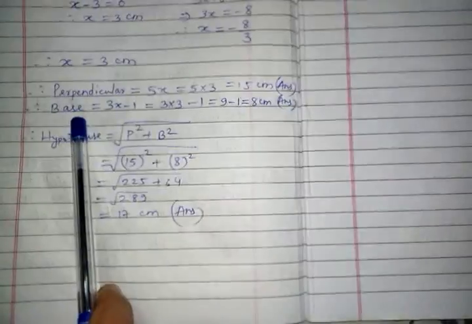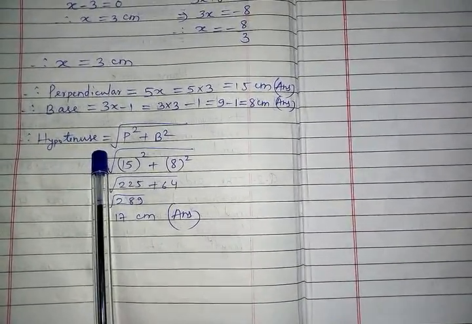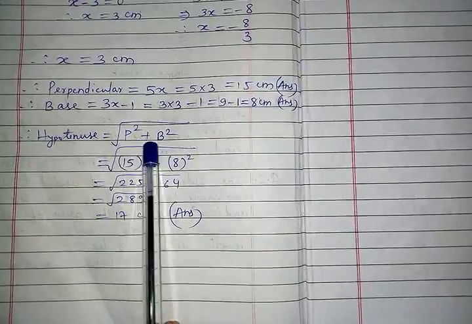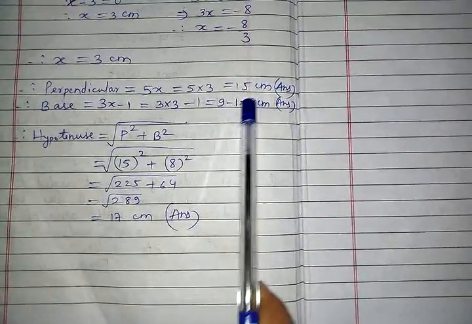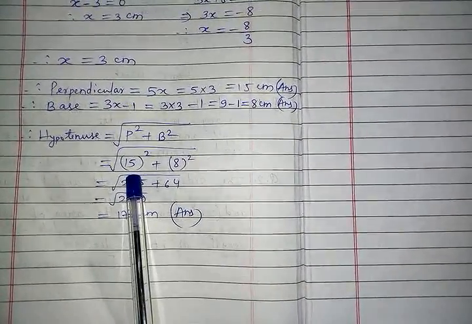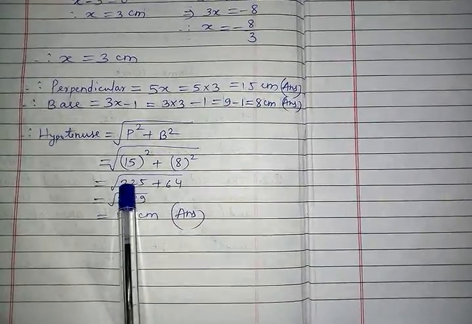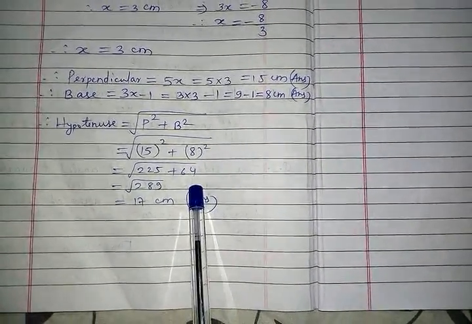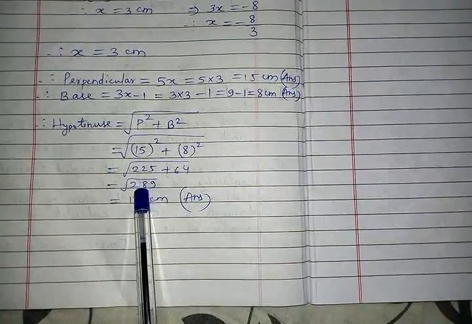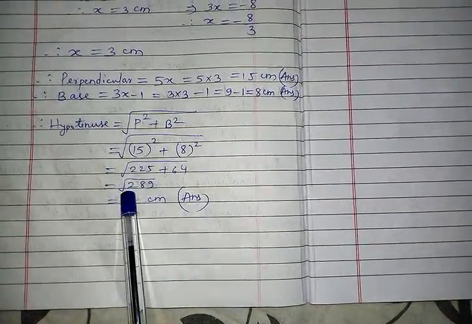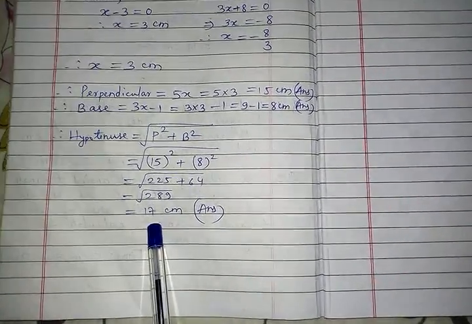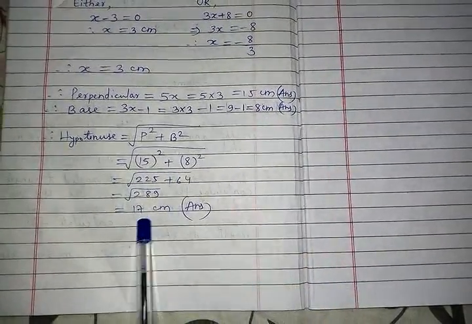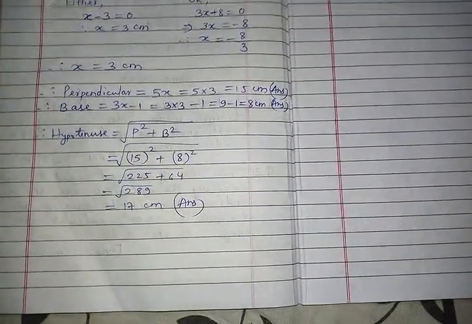When we know perpendicular and base, we can find the hypotenuse. By the Pythagoras theorem, hypotenuse equals square root of perpendicular square plus base square. Perpendicular is 15 square and base is 8 square. 15 whole square is 225. 8 square is 64. 225 plus 64 is 289, square root is 17. So these three, 15 centimeter, 8 centimeter and 17 centimeter, are our answer.